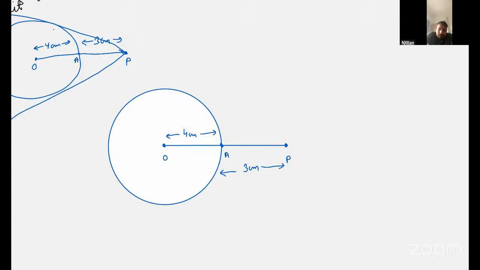Now from O and P, you have to make the perpendicular bisector. How will you make it? Open more than half, up and down, up and down. I'm repeating again. We got OP, which is the center of the circle and the point outside the circle. Make the perpendicular bisector.